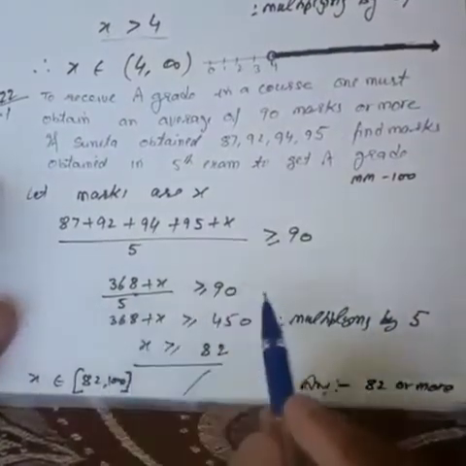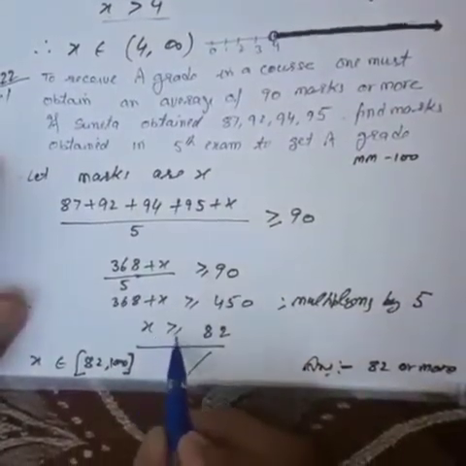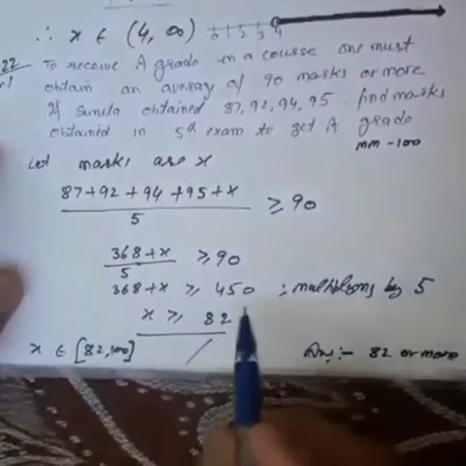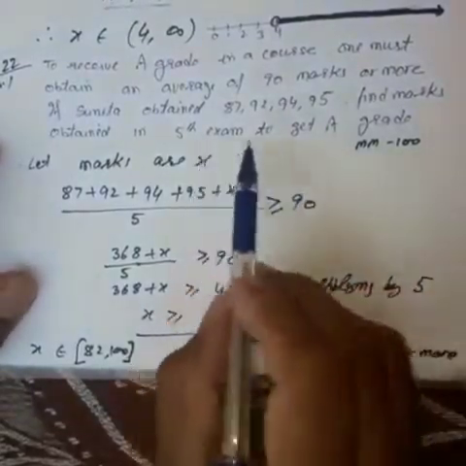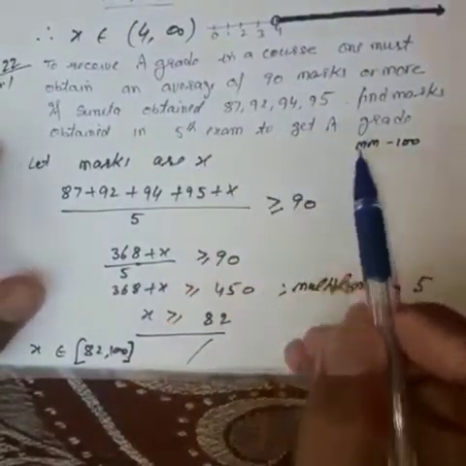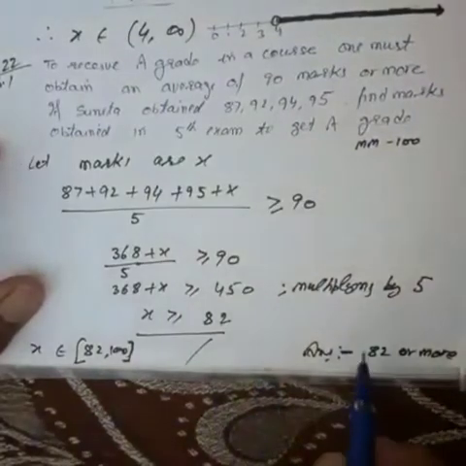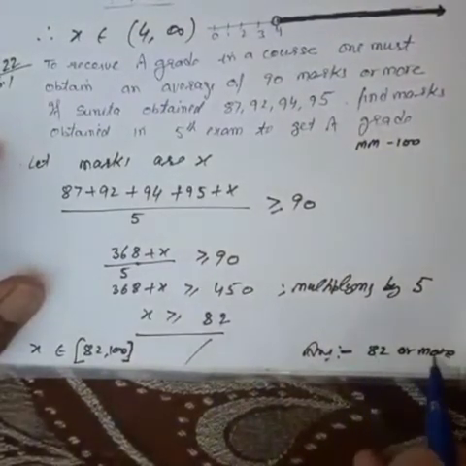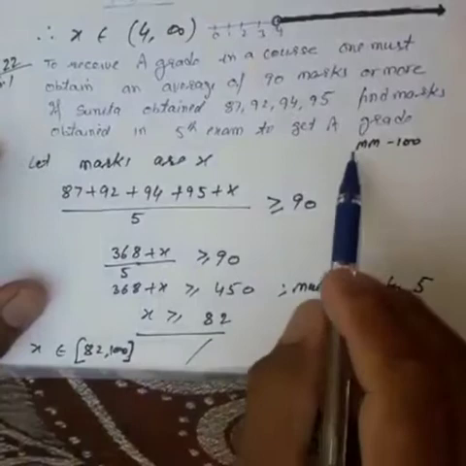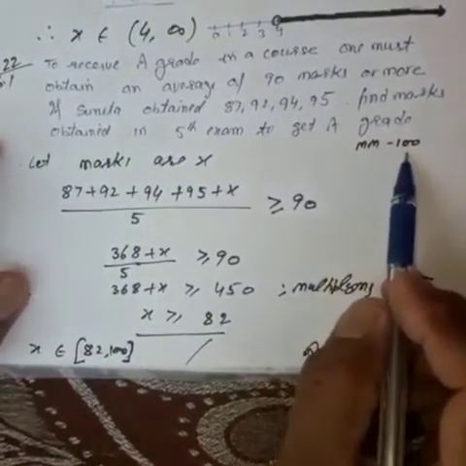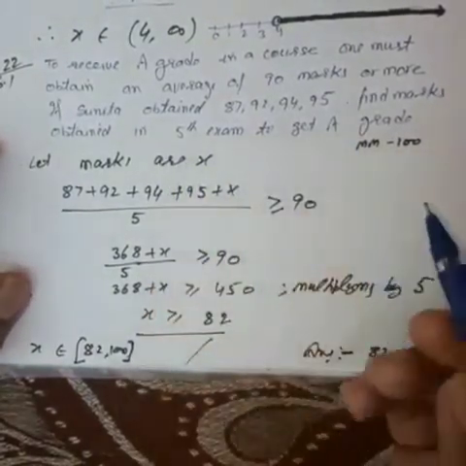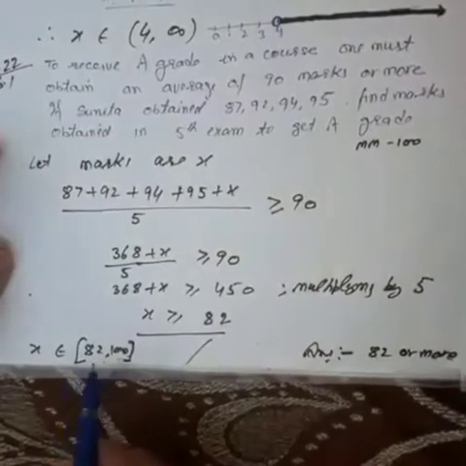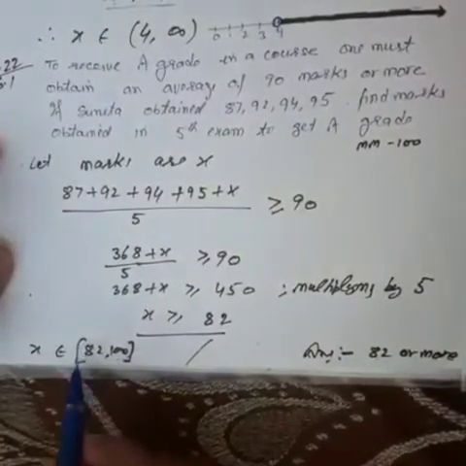And you can solve this. You will get the value X greater than or equal to 82. Now if the maximum marks are not mentioned in this question, you will write the answer in words: 82 or more. If the maximum marks, suppose 100, are mentioned in this statement, then you can write this interval 82 to 100, closed interval.